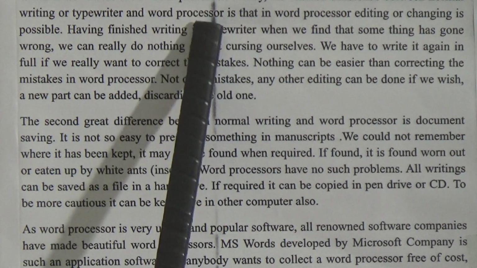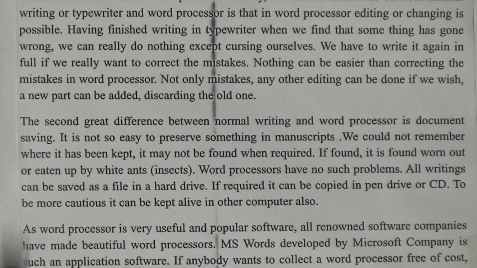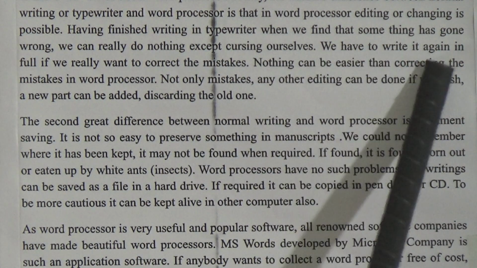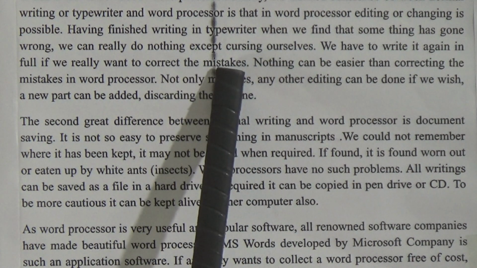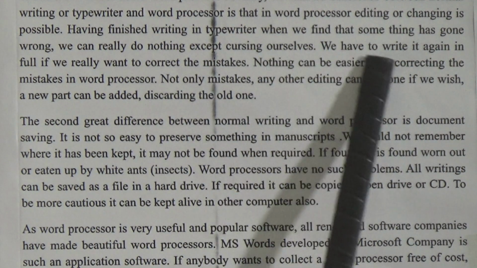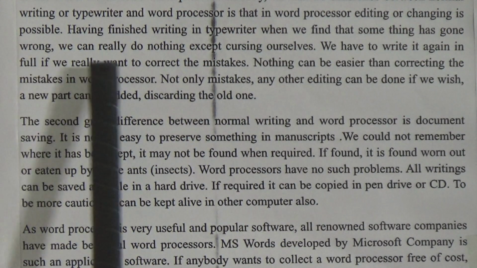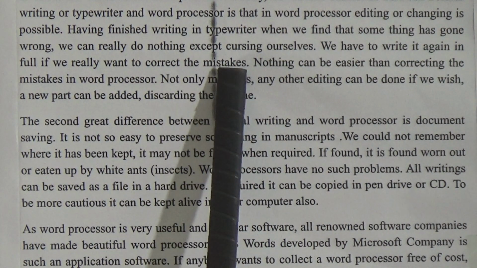But while using a word processor, we can change any spelling mistake or make any correction easily. Otherwise we have to write it again in full if we want to correct the mistakes.